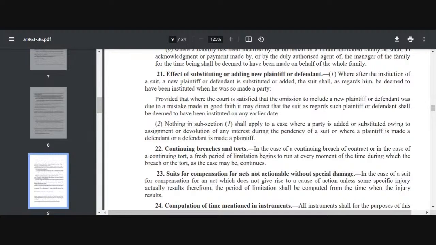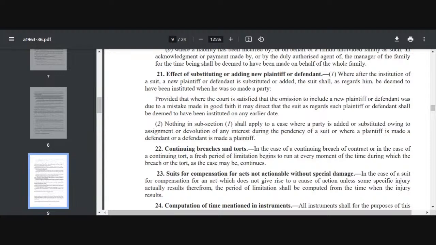So if the contract is breached or if the tort is committed every time, the breach will continue.